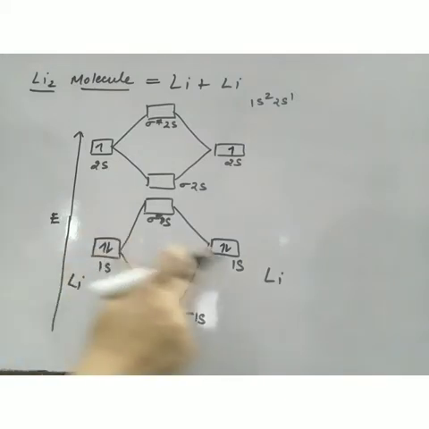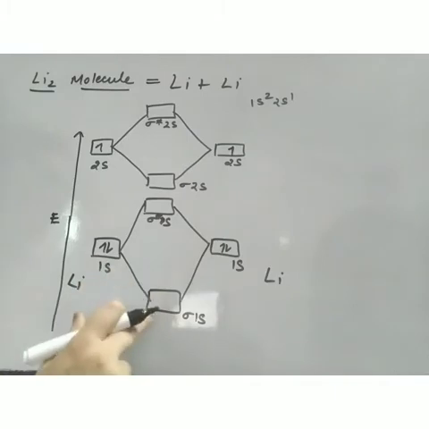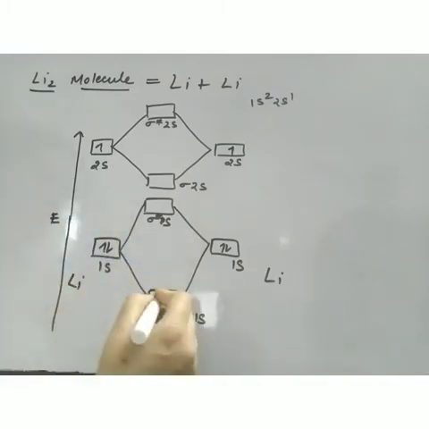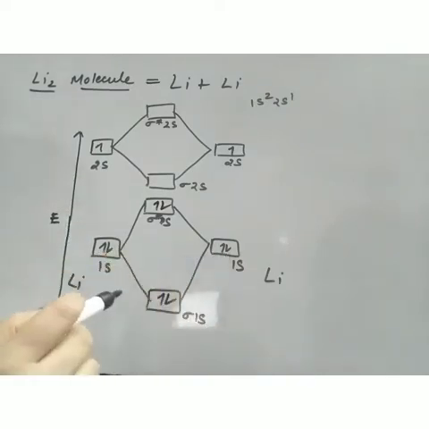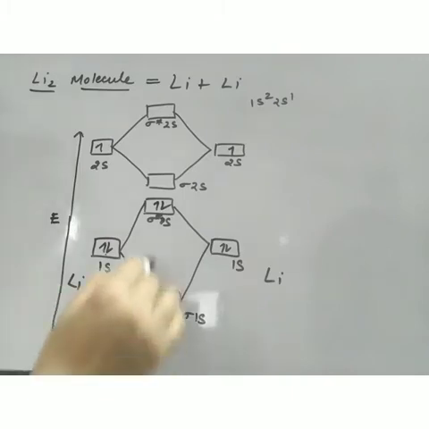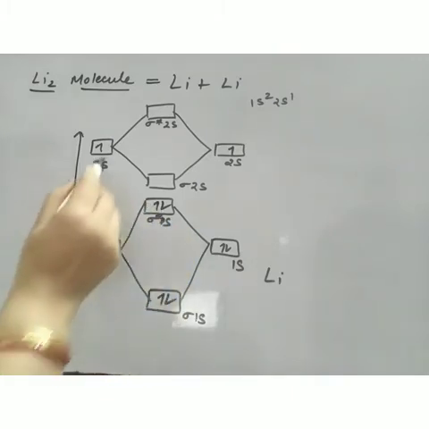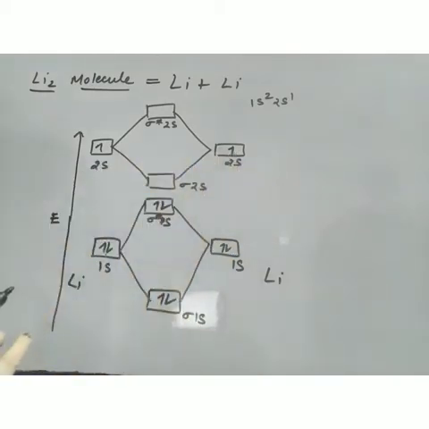Now 2 electrons here, 2 electrons here. How many electrons are there? 4. So they will occupy bonding and anti-bonding: 1, 2, 3, 4. Always remember, whatever electrons are present in the atomic orbitals, the same electrons occupy the molecular orbitals. So 4 electrons will come here. Now 1 and 1, how many electrons are there? 2.